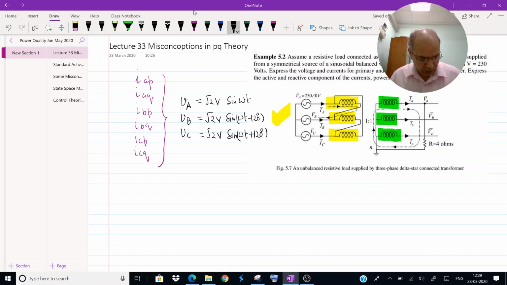These are the expressions for the voltages.